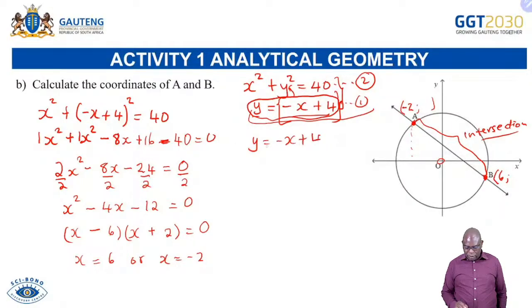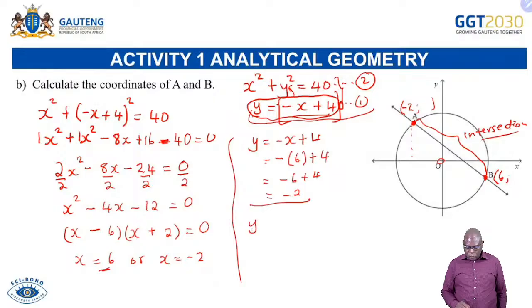Let me rewrite this. If I substitute x by 6, I'm going to get negative 6 plus 4, which will be negative 2. But if I substitute x by minus 2, I'll have negative into negative 2 plus 4, I'll get 2 plus 4, which is 6.